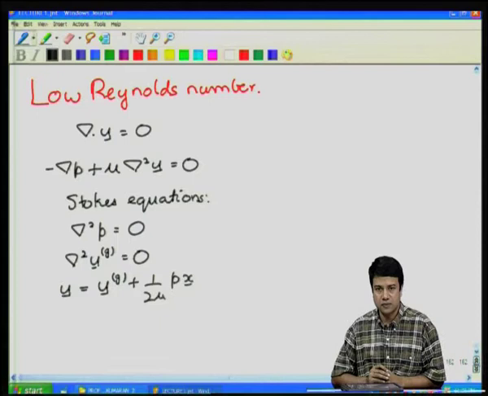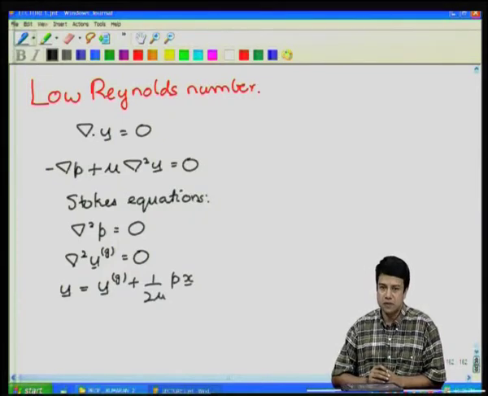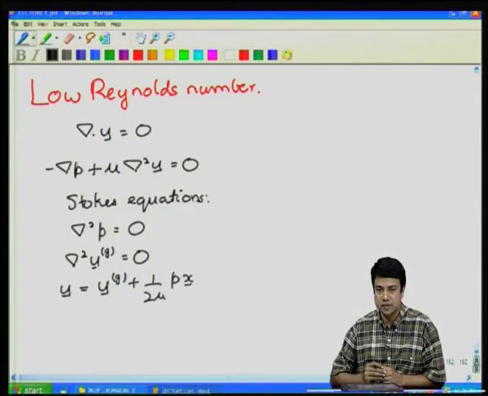So, we had seen how to obtain these. The solution procedure reduced to solving two Laplace equations, one for a scalar and one for a vector. And we had seen how to obtain scalar, vector, tensor and higher order solutions for these Laplace equations.